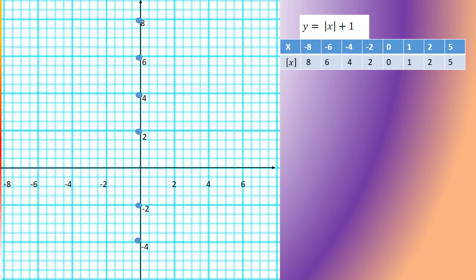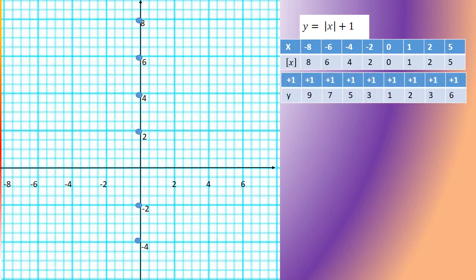So minus 8 turns into plus 8, minus 6 turns into plus 6, minus 4 turns into plus 4, minus 2 is 2, 0, 1, 2 and 5. Thereafter, we add 1 to the modulus x coordinate and we get the y coordinates as 9, 7, 5, 3, 1, 2, 3 and 6, where we can mark the points on the grid.